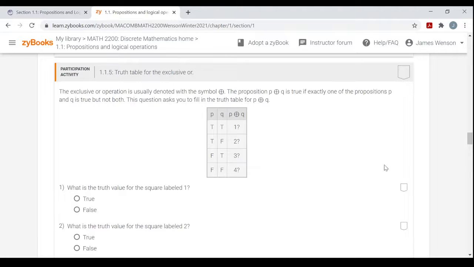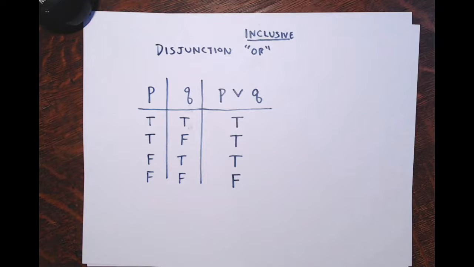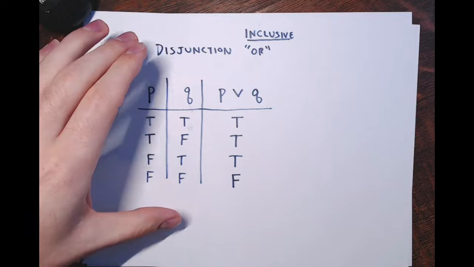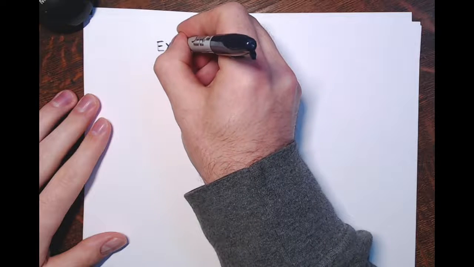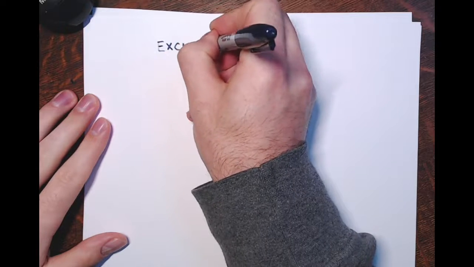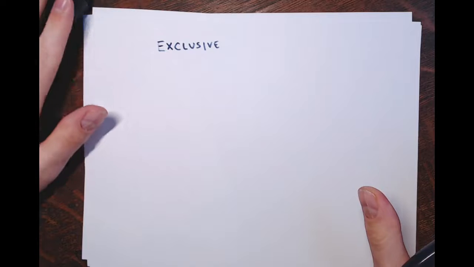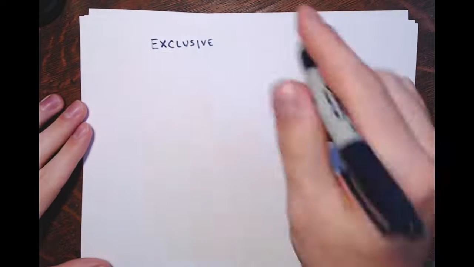All right. So let's fill in the truth table. I'm going to again do this on a piece of paper. This was the inclusive OR, disjunction. Here's the exclusive OR, where I exclude the possibility that they're both true.